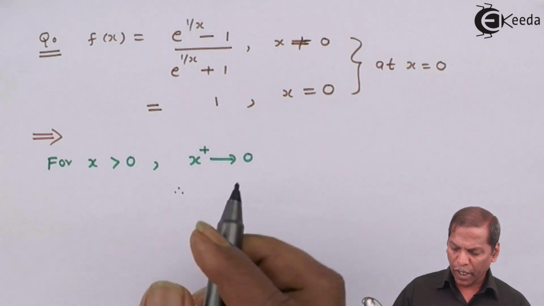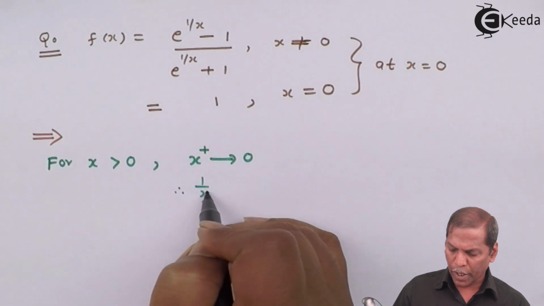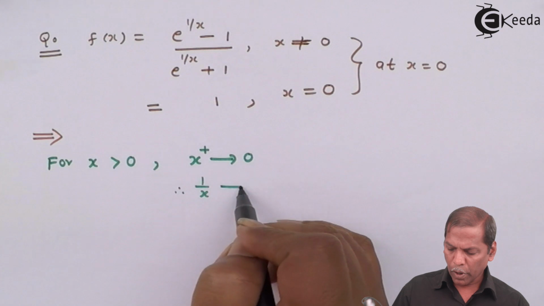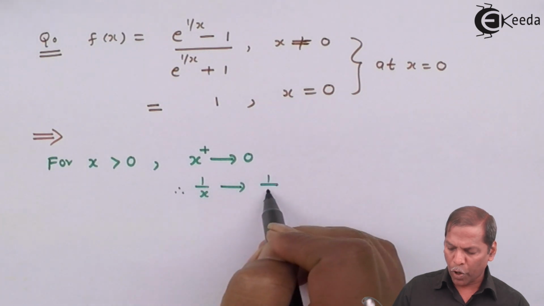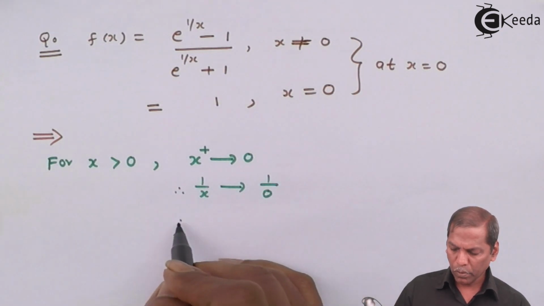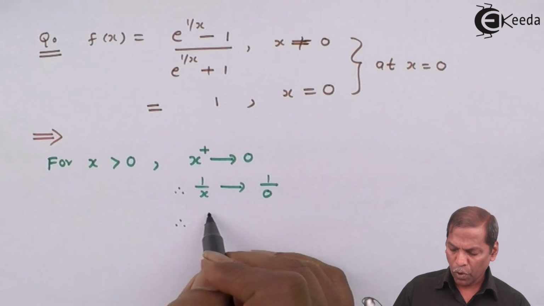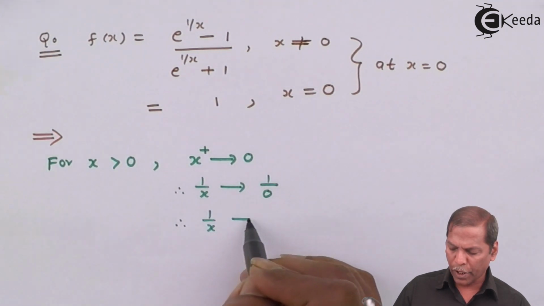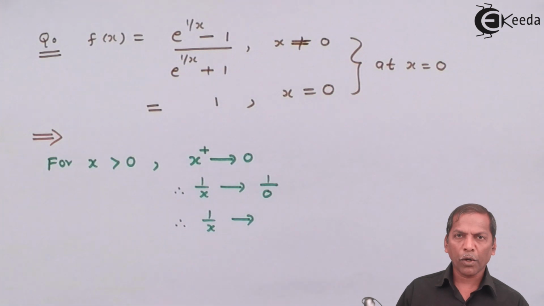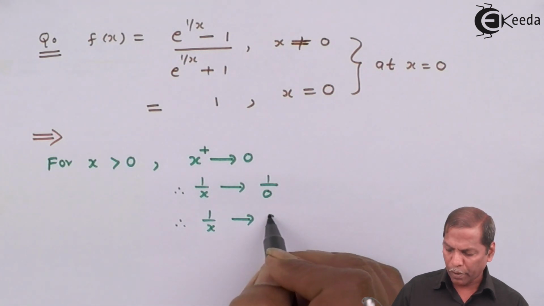Therefore, in that case 1 upon x tends to 1 upon 0. Therefore, 1 upon x tends to infinity.